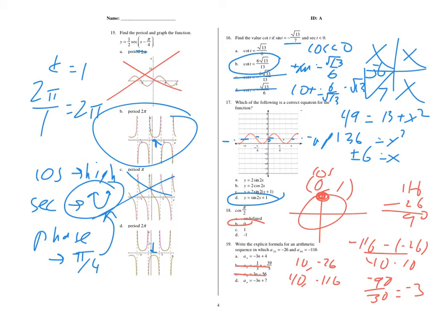So y equals negative 3x plus b, and I'll just plug in one of these points. So negative 26 equals negative 3 times 10 plus b. So I'm going to add the 30 over, and so b must equal 4. And so it's got to be A.